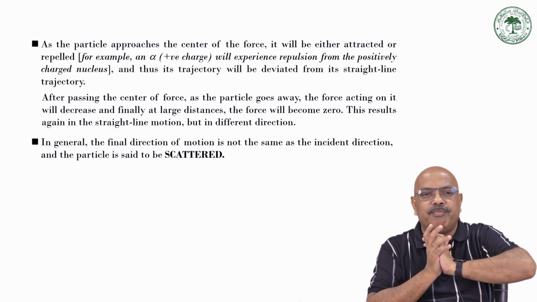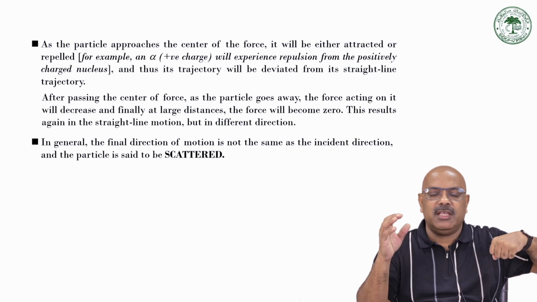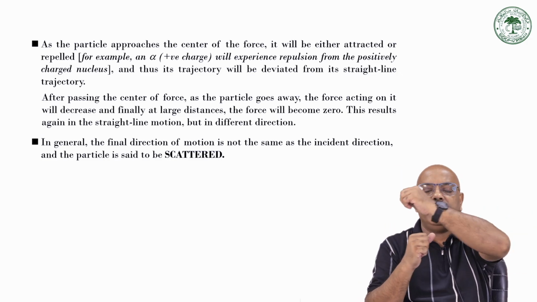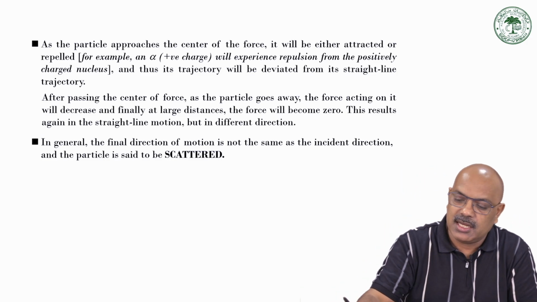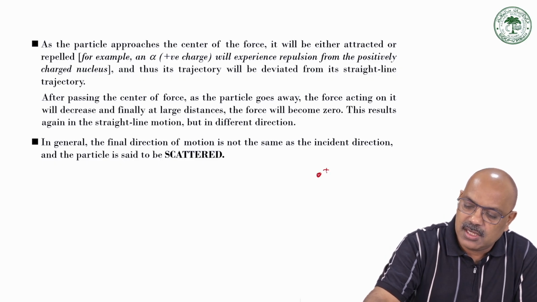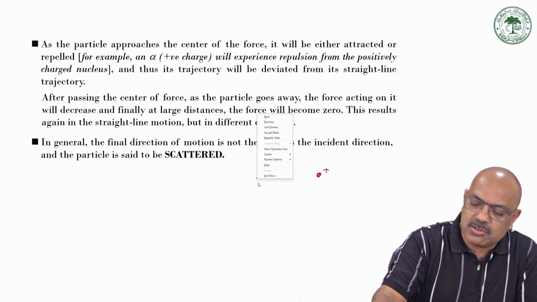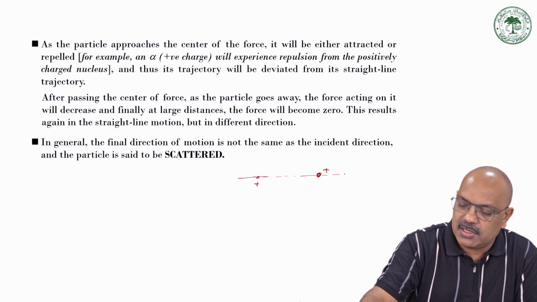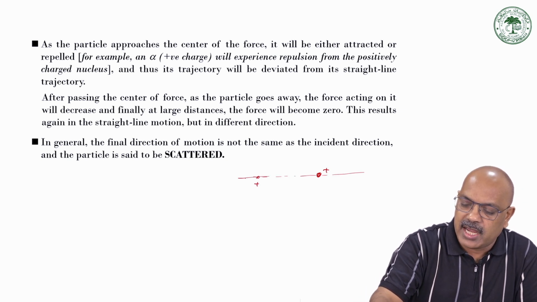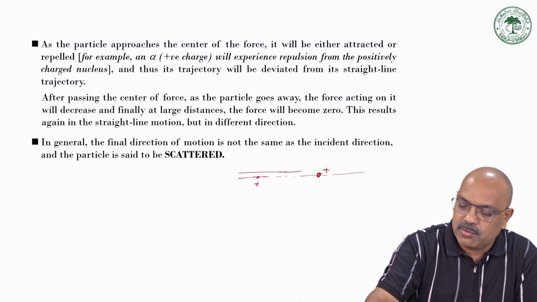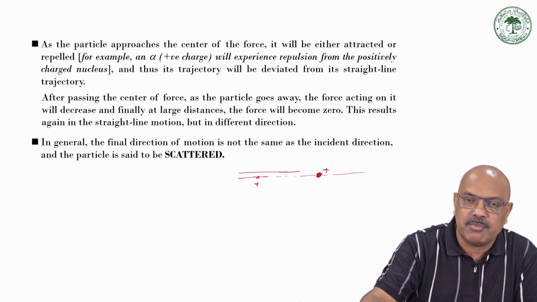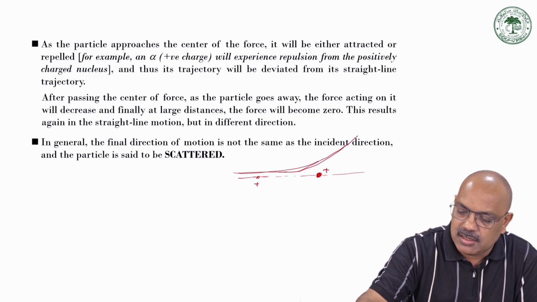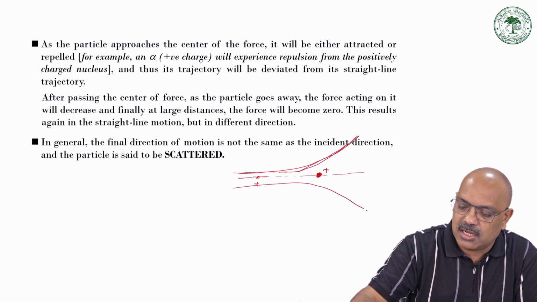So if this is positive and the particle coming in is also positive, the trajectory is going to be deflected from its straight line path. As it approaches the potential of this positive charge, it's going to get deflected, either from this side or this side.